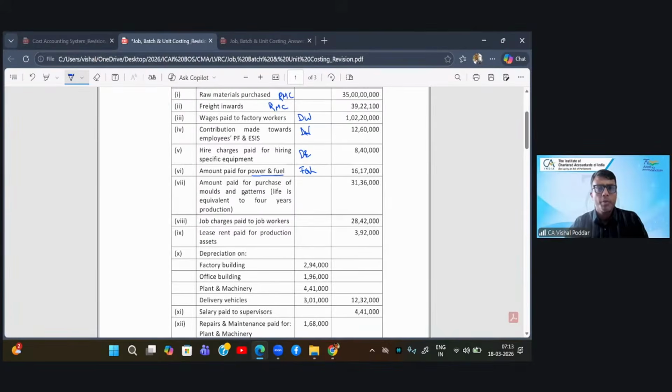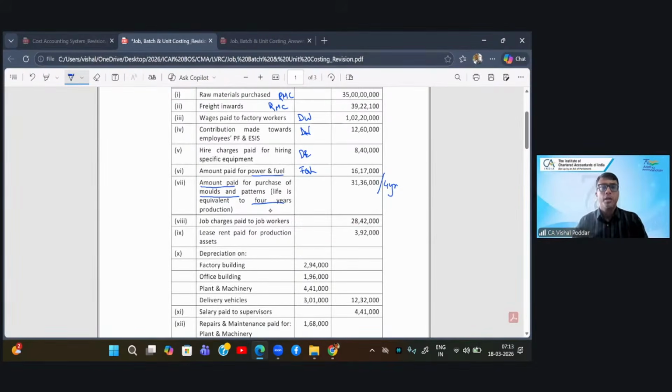Then amount paid for purchase of molds and patterns, life is equivalent to 4 years. In this case, since you have paid the whole amount for the molds and patterns, which are to be used over a span of 4 years, you'll have to divide it by 4 so that you find the apportioned amount for 1 year. So first point is you have to apportion it over the life of 4 years.